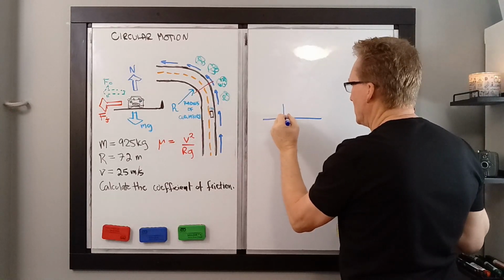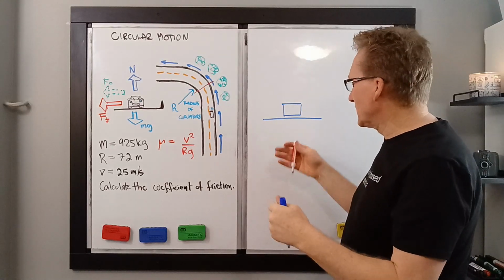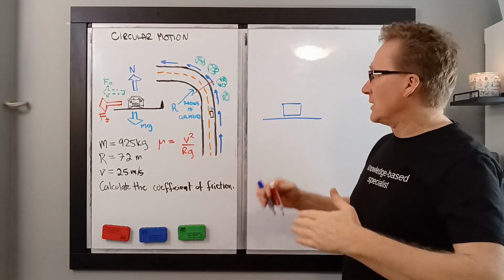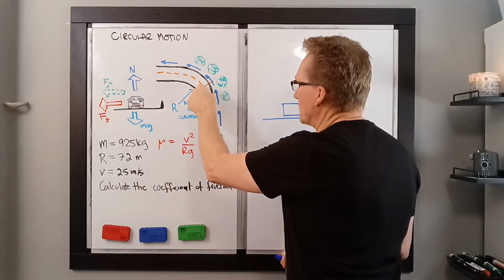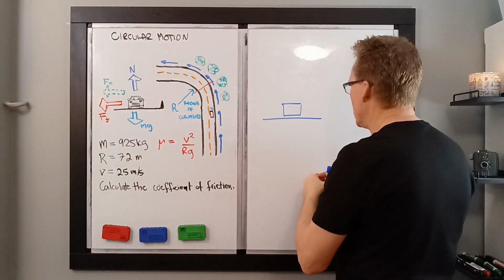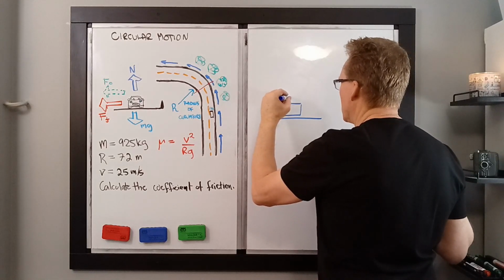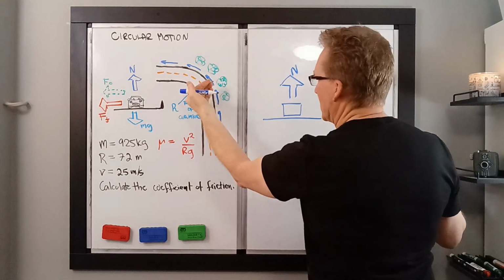And we have this car right on top of the road there. And what we're doing is we're sort of looking at the car and saying, let's create a new coordinate system for this car. One of the parts of the coordinate is going to be coming out from the road. That's going to be the normal force, hence in this direction, like this. That's coming out from the road.